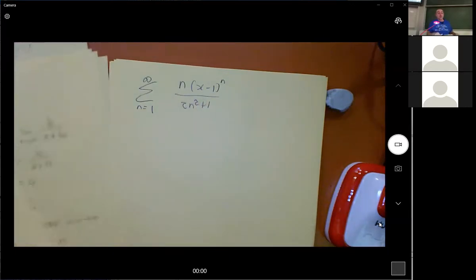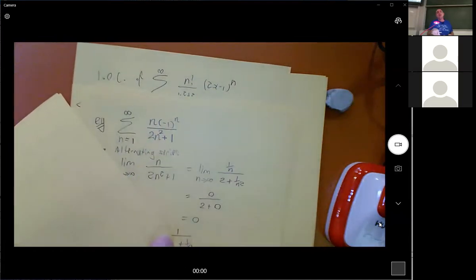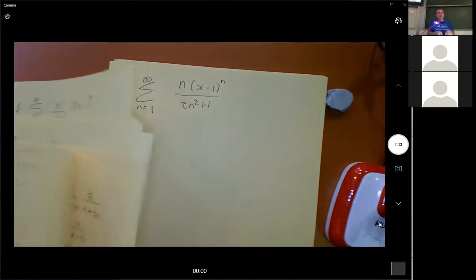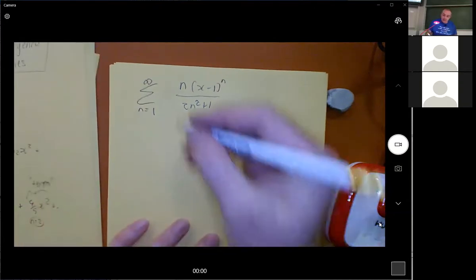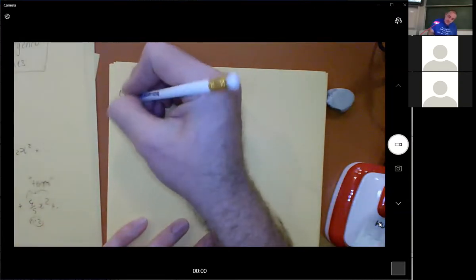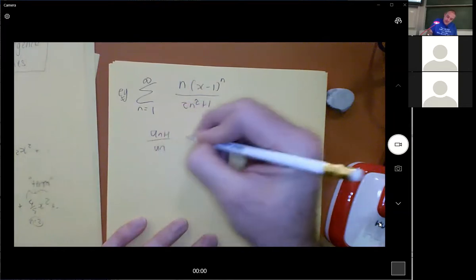I can't make an interval of convergence for the original because it's not a power series, it doesn't have an x. But we definitely know it does converge when x is 0, because of our previous work. Okay, let's do this one here: a_(n+1) over a_n.